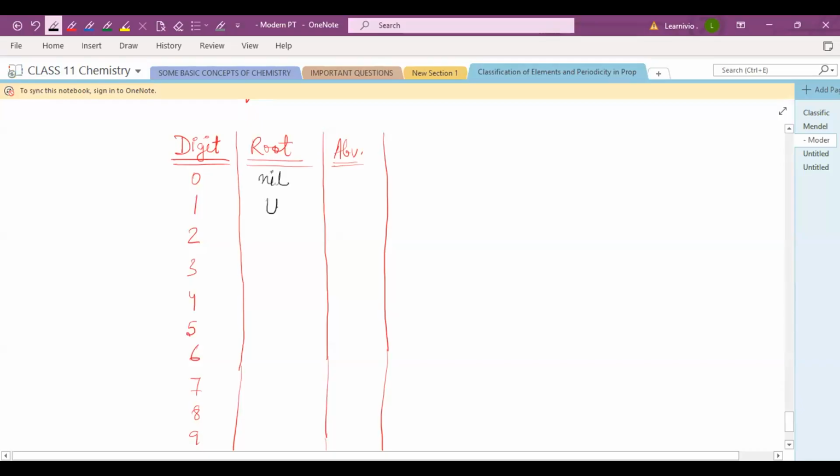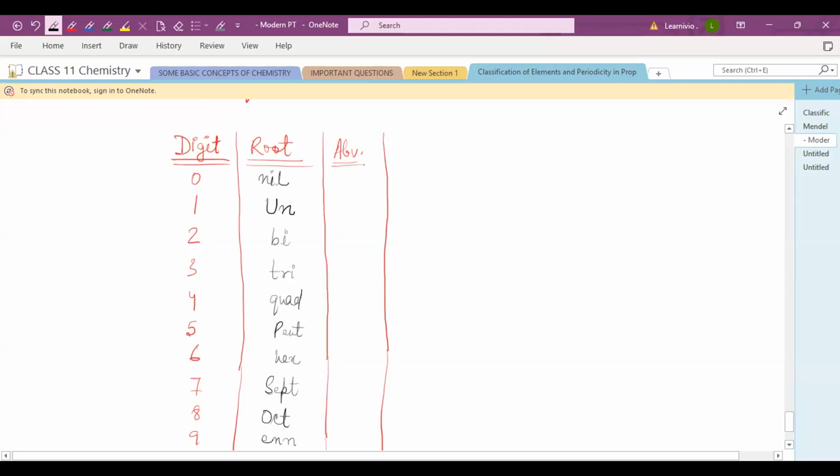For 1, it is un. For 2, it is bi. For 3, it is tri. Right. For 4, it is quad. For 5, pent. For 6, hex. Right. For 7, it is sept. Not hept, sept. Right. For 8, it's oct. And for 9, it is enn.